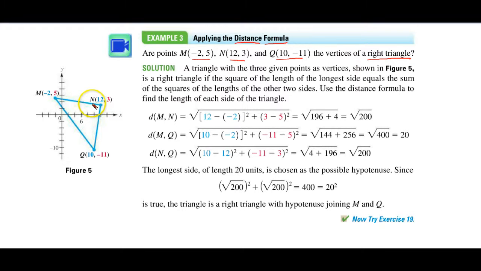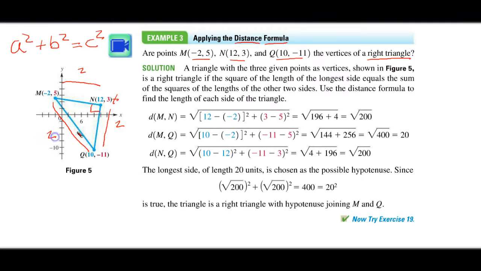Now we're wondering if this angle right here is a right triangle. You might say, well, how would I prove that? Well, again, using the Pythagorean theory, a squared plus b squared equals c squared. So you're wondering if the length of this line squared plus the length of this line squared is equal to the length of this line squared.